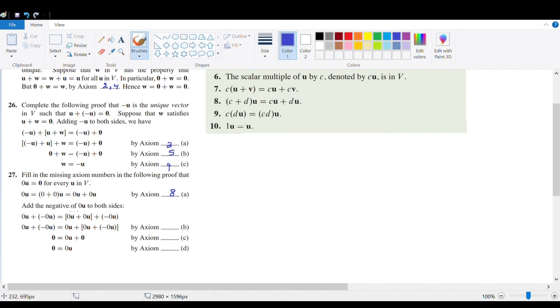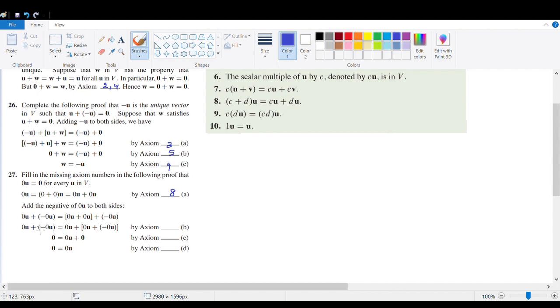So add the negative of 0 multiplied by U to both sides. We have 0 multiplied by U plus minus 0 multiplied by U is equal to 0 multiplied by U plus 0 multiplied by U, and we add minus 0 multiplied by U. So we take this one, we add minus 0 multiplied by U to both sides.